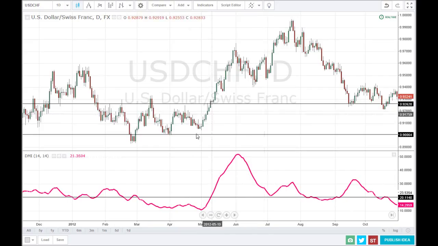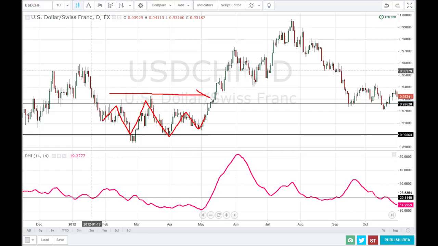Okay, something like that. You'll notice that price is ranging, it's moving sideways, like so. You'll notice that as price is moving sideways, our ADX is in this 20 zone.